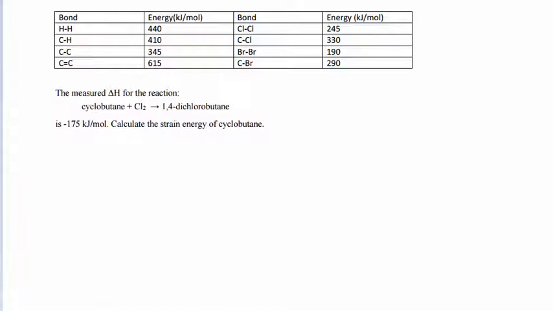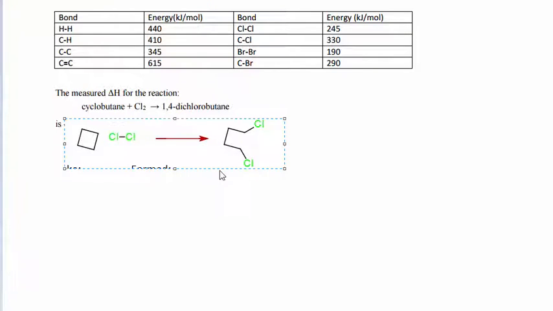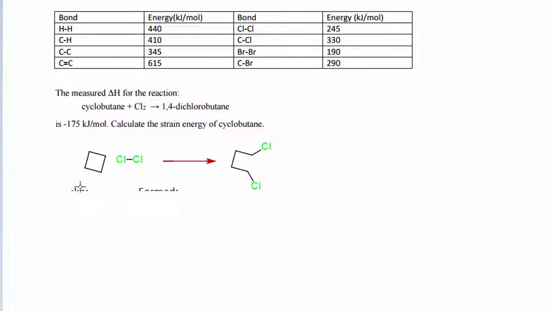Okay, I'm going to assume that you attempted the problem, and now I'm going to show you how to do it. Okay, so the first thing you might want to do is actually write out what this equation looks like in terms of structures. Okay, so we're going from cyclobutane, so that's this, with Cl2, and we're forming dichlorobutane.